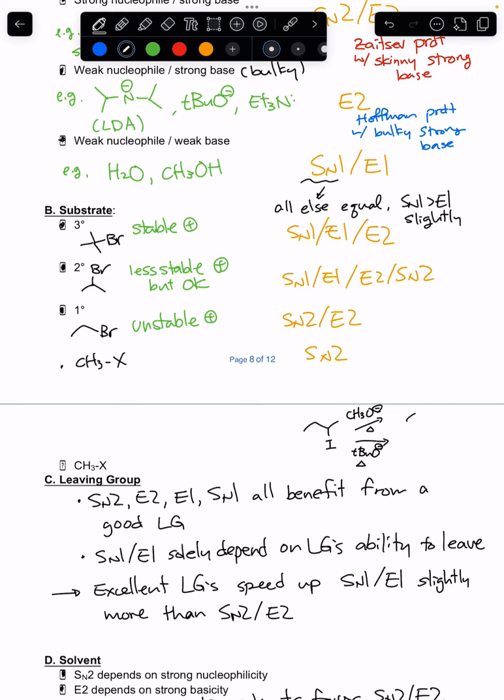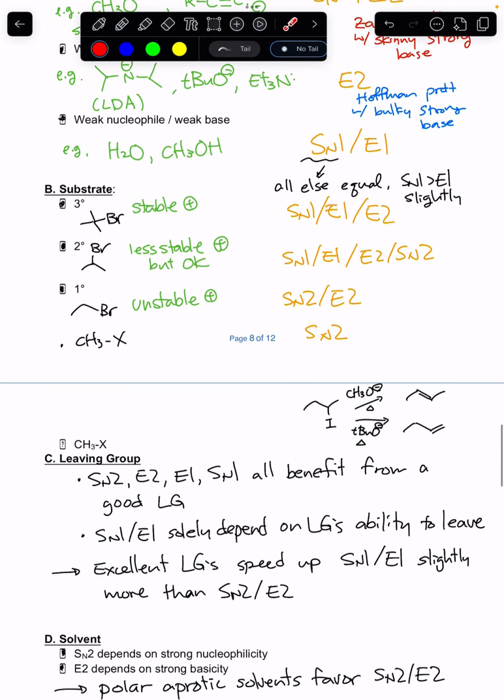With methoxide, the base is able to get into the middle, taking the proton from here, so the Zaitsev product forms. Whereas with a really bulky base, often it's not able to get to this more hindered proton, so it'll grab the proton from the end, and the Hofmann product forms. So this is Zaitsev. This is Hofmann.